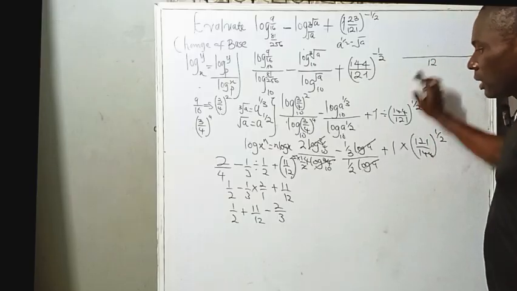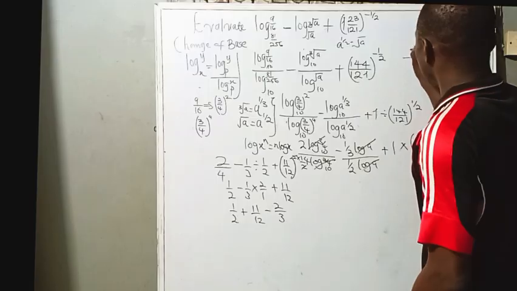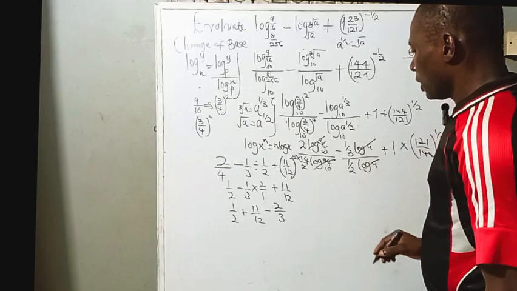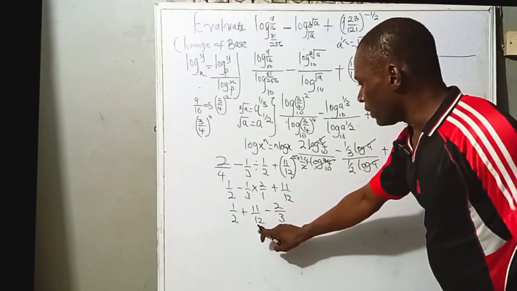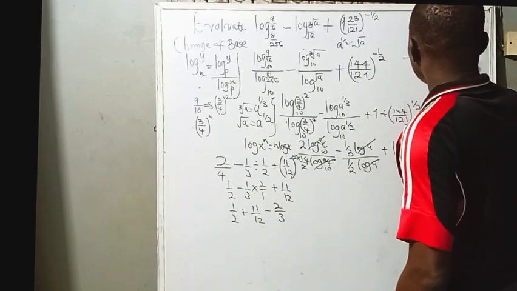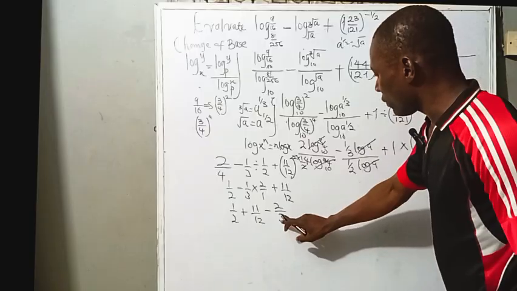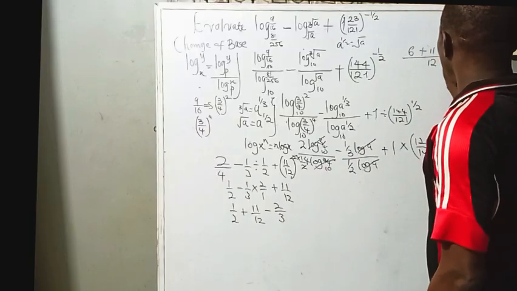Now 12 divide 2 is 6. 6 times 1, we have 6 here. Then 12 divide 12 is 1. 1 times 11, we have a plus 11. Then 12 divide 3 is 4. 4 times 2 gives us 8.